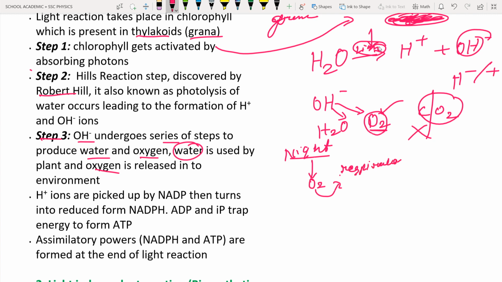With the help of cellular respiration, the glucose molecules will be broken down, leading to the production of ATP. By this way the plant gets the energy. So during night time the oxygen is essential, while in the daytime the plants don't need oxygen, and they release oxygen into the environment.